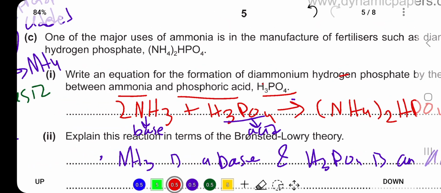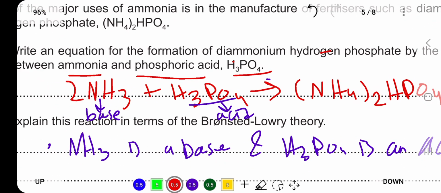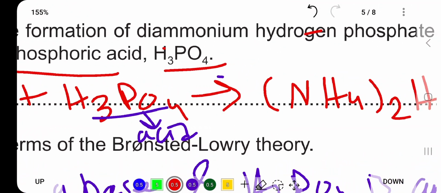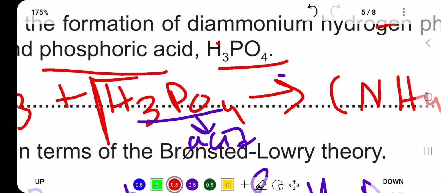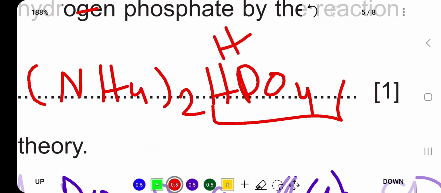The second point is they said here that H3PO4 is a proton donor, because you can clearly see that H3PO4 became HPO4, so H plus is removed.